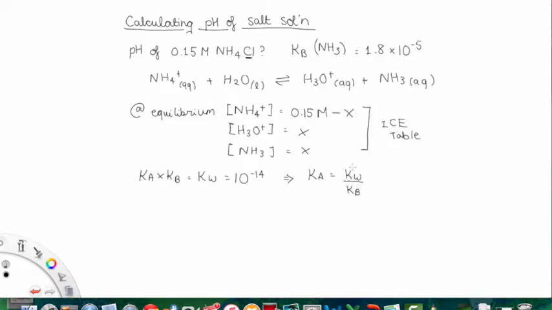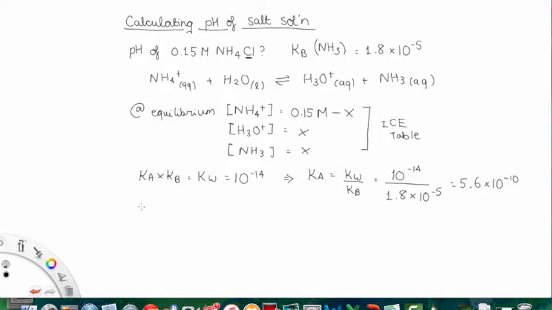And now we have the value of Kw as 10 to the power of -14, and they gave us the value of Kb of NH3. So we can do 10 to the power of -14 over 1.8 times 10 to the power of -5, and we get the value 5.6 times 10 to the power of -10 for the acidity constant.